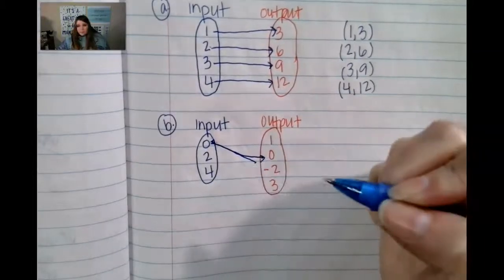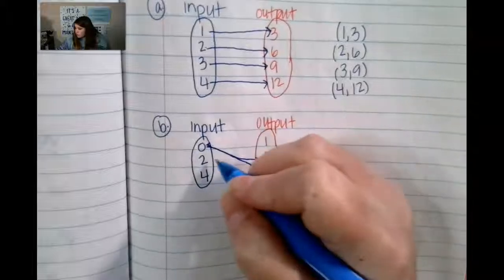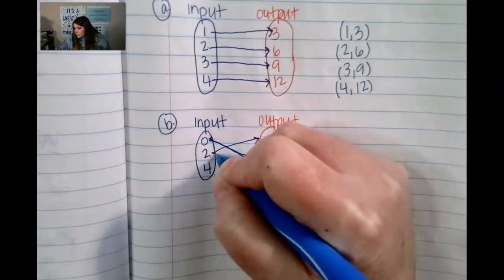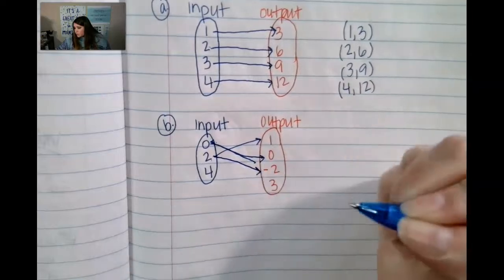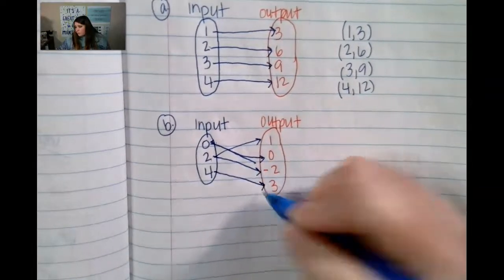Sorry, it got crazy there. And then it says 2 is matched to 1, but 2 is also matched to negative 2. And then it says that 4 is matched to negative 3.